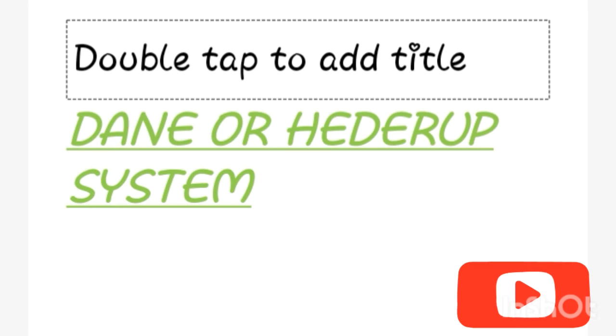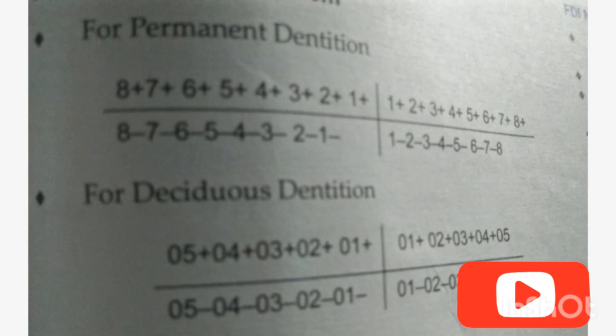Now the next is for the exam, if you want to fetch some more marks, then you will write this Haderup system. In this system, it is a simple system. In this, the permanent and deciduous dentition are given. For example, in the permanent, +1, +2 is given.